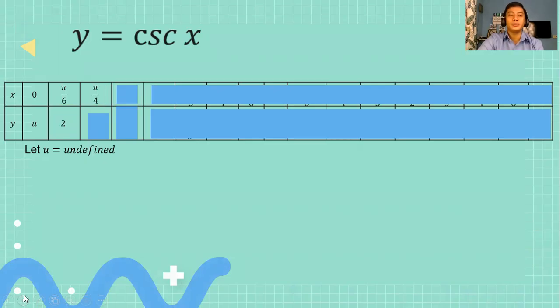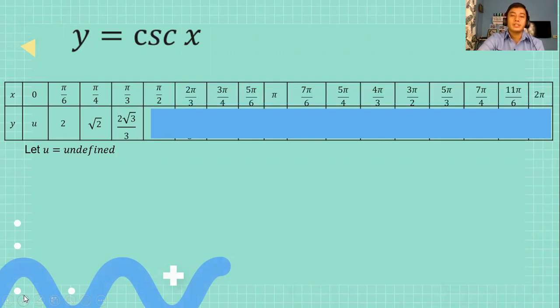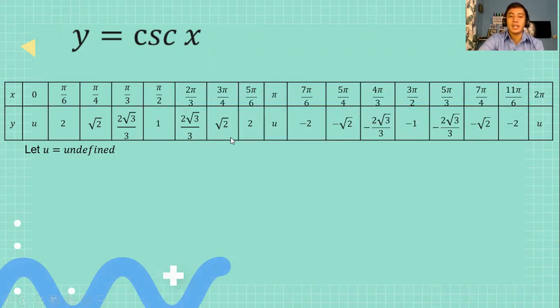The answer is 2. Y is equal to cosecant 45 degrees. The answer is the square root of 2. And y is equal to cosecant 60 degrees or pi over 3 radians is equivalent to 2 square root of 3 over 3. And of course, it will just have periodic rotations again and periodic values based on how we define it.